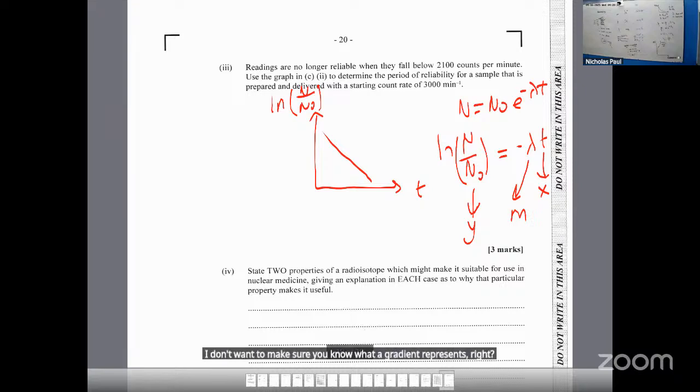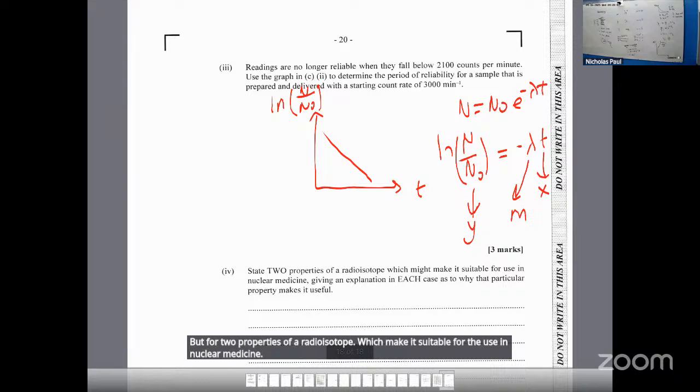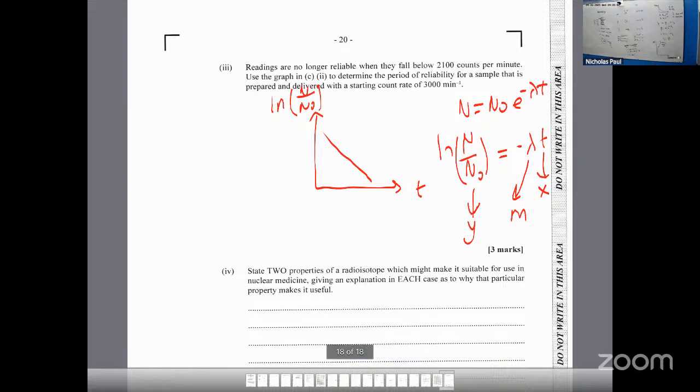Part 4: state two properties of a radioisotope which make it suitable for use in nuclear medicine. Short half-life, and what else?